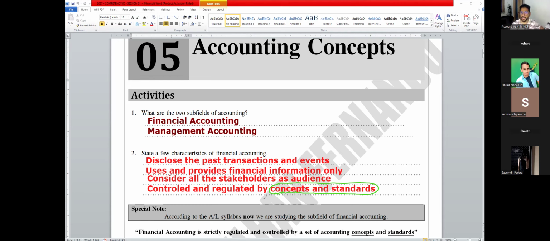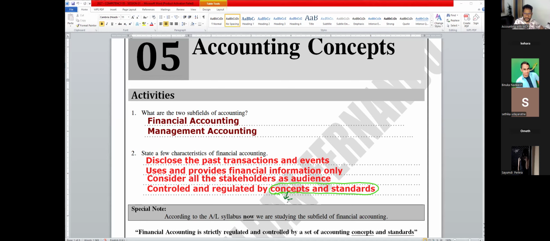According to the A-level syllabus, we discuss accounting concepts in the 5th competency.